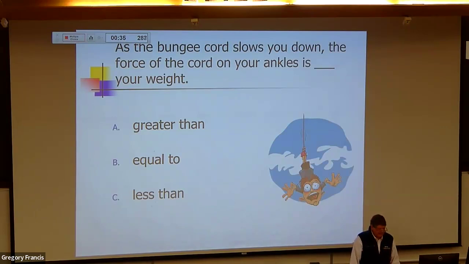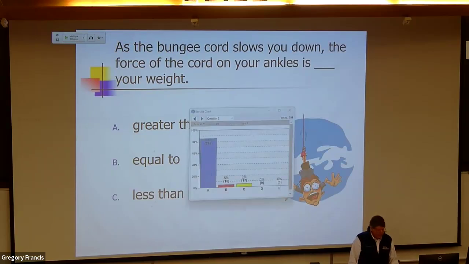Okay. Get your vote in. Down. Okay, there were 305 of us a second ago. Somebody hasn't voted. Too late. Okay, good job, everybody. Good job.